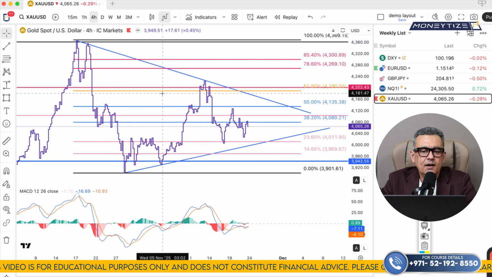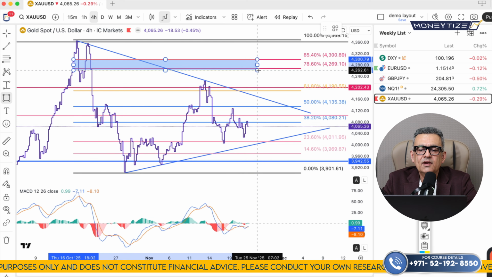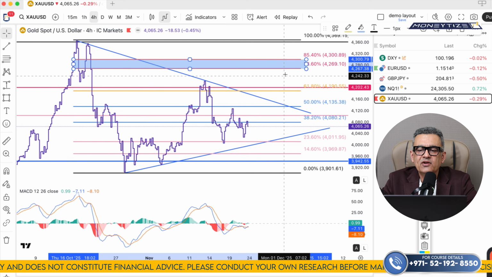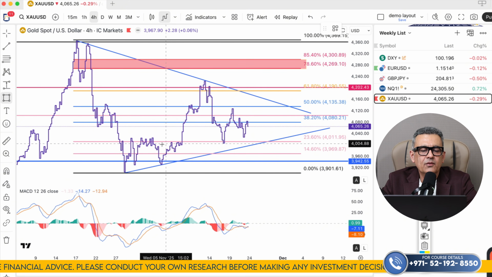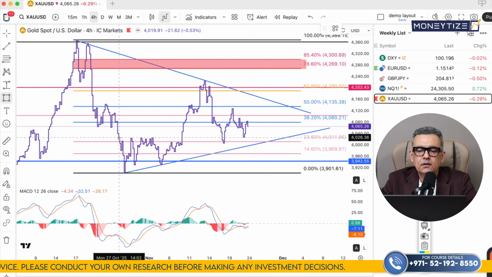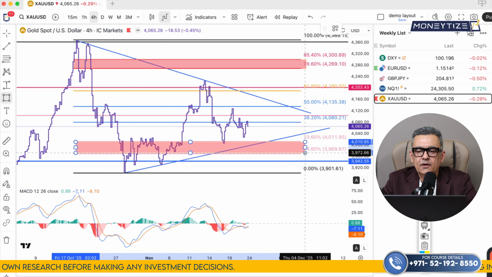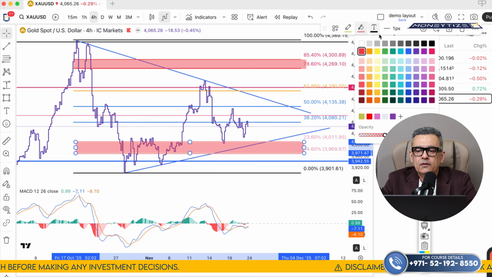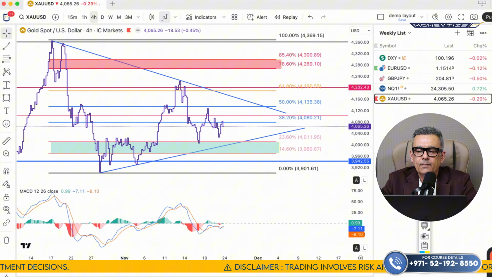And I got the zone of resistance between 85.4 to 78.6, and the area of support falls in between 14.6 to 23.6 here. So this gives the support and resistance area.